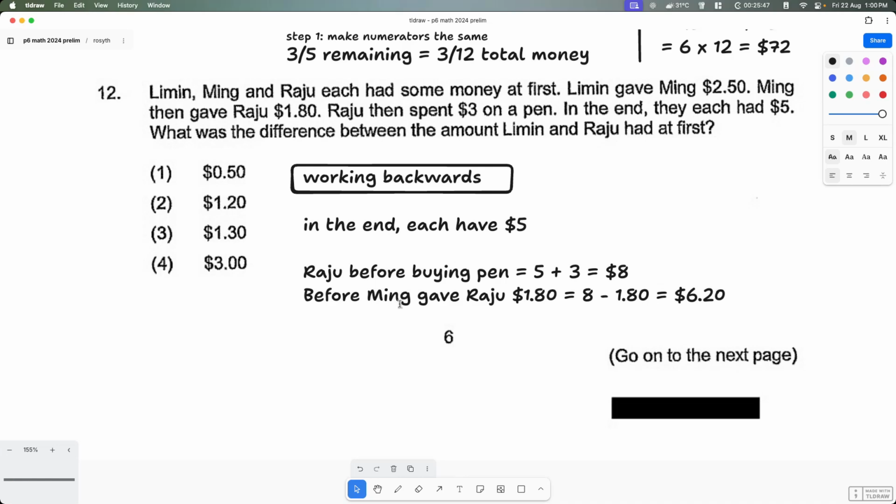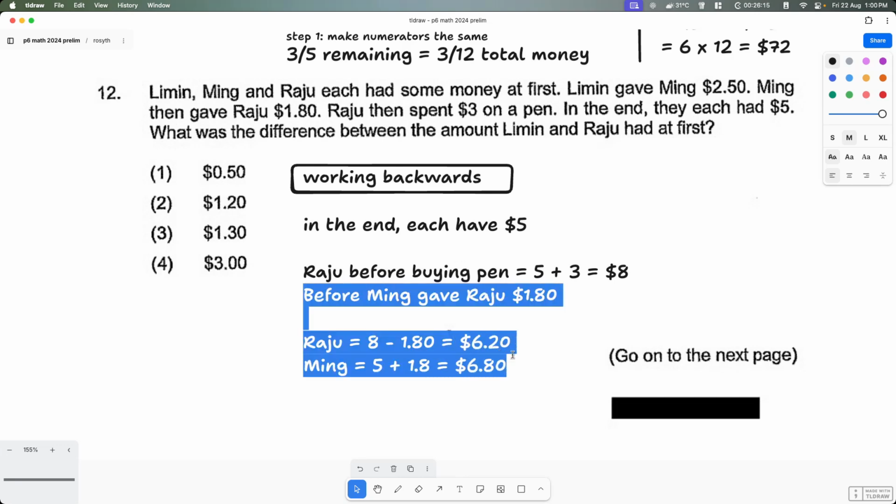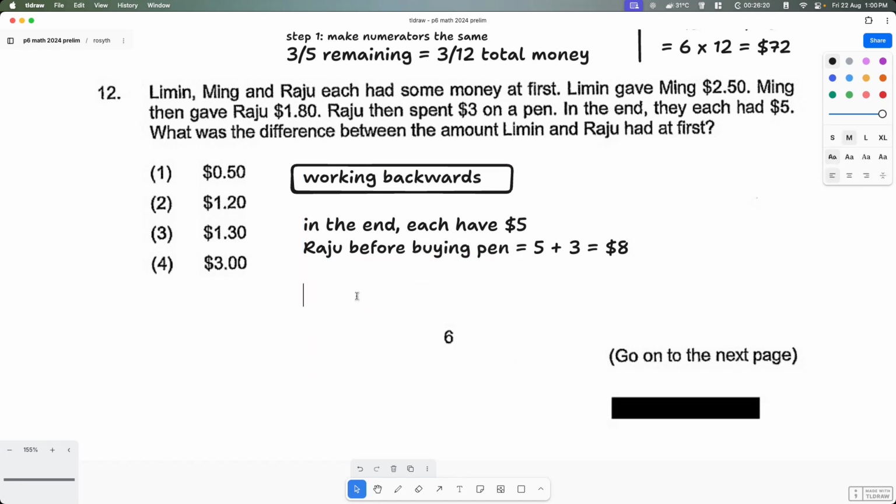So Ming, who had $5, before giving Raju, has 5 plus 1.8, which is dollars 6.80.